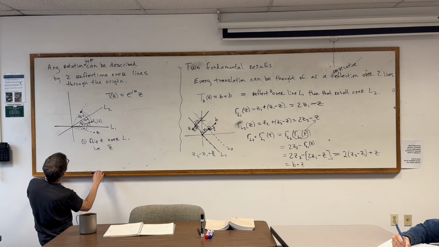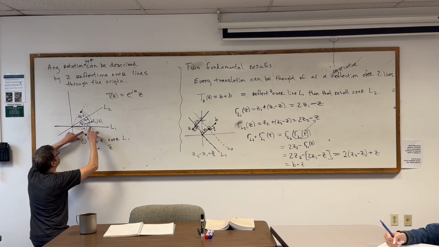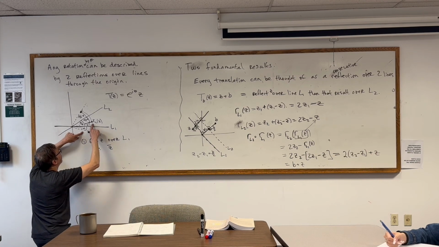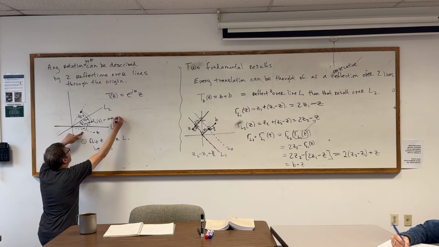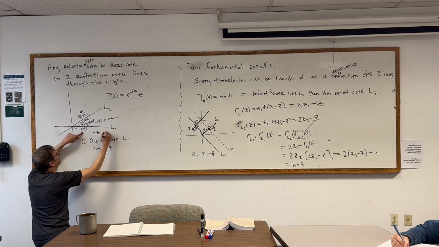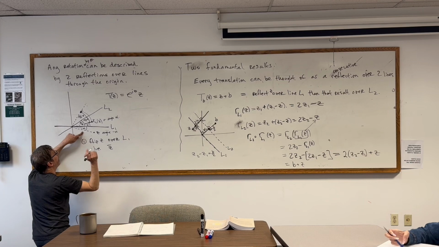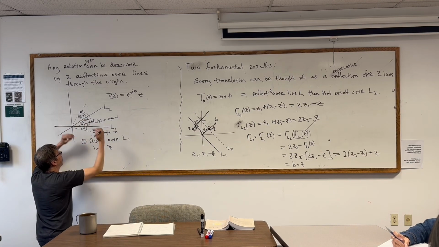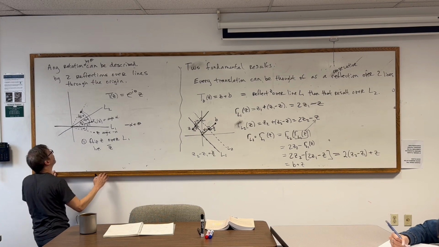Why is that? This thing has angle alpha. What is the angle we're shooting for? So this has angle minus alpha. So what I want to show is that the reflected image has angle minus alpha plus theta.